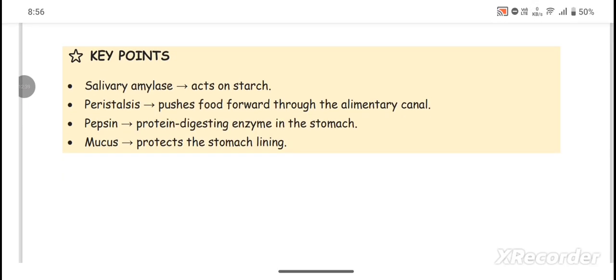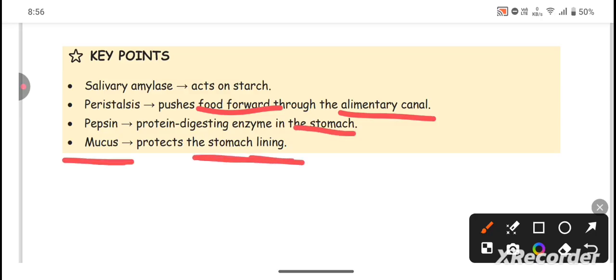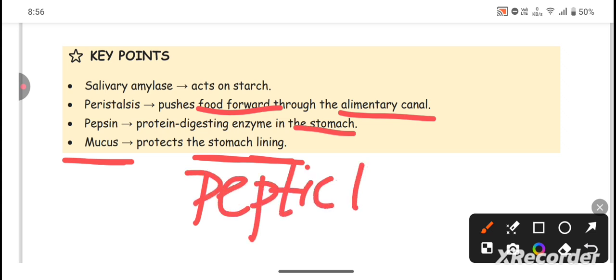Peristaltic movements push the food forward through the alimentary canal, and pepsin is the protein-digesting enzyme in the stomach, and mucus protects the stomach lining from the strong action of HCl. If not, it will lead to the condition known as peptic ulcers.